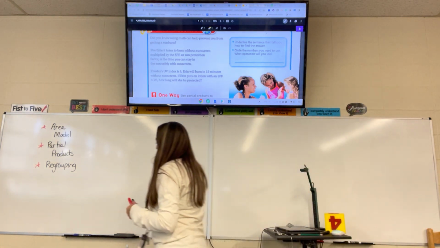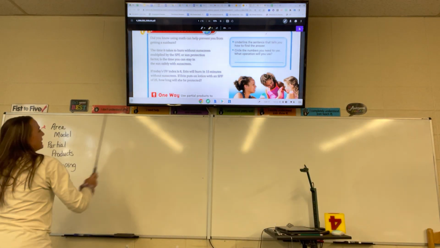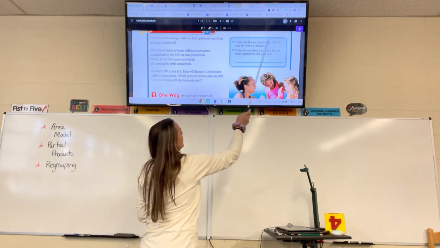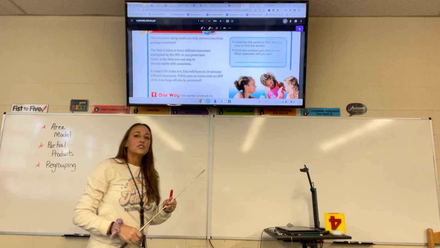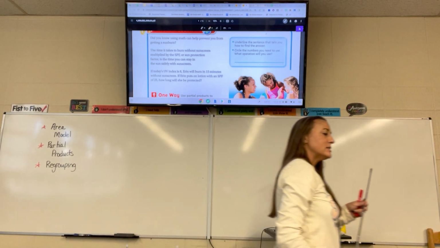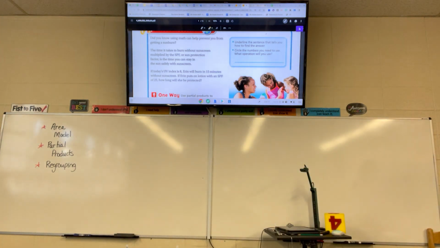The first question says to underline the sentence that tells you how to find the answer. In the problem that I just read, it tells us how to find the answer. So who would like to tell me what I need to underline?